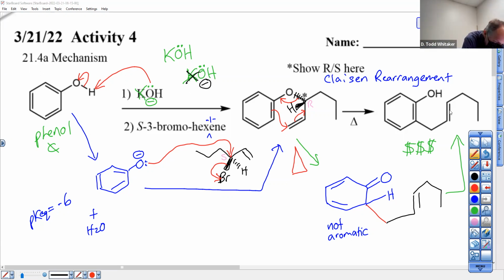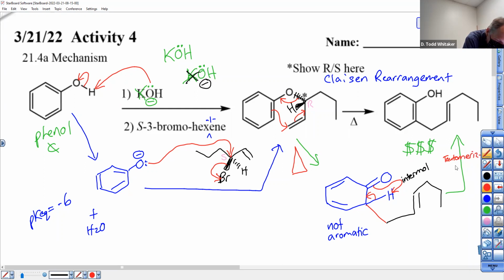So you're going to say the pi is going to grab the H, but you've got to acknowledge it can't reach. So you write intermol over that one arrow, the one where it can't really reach. And there you go. And that is a tautomerization.